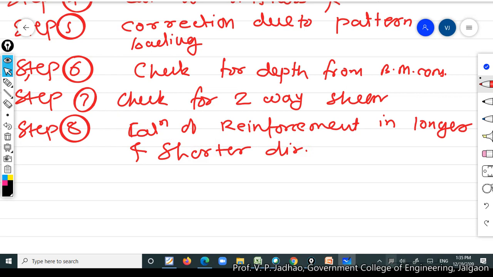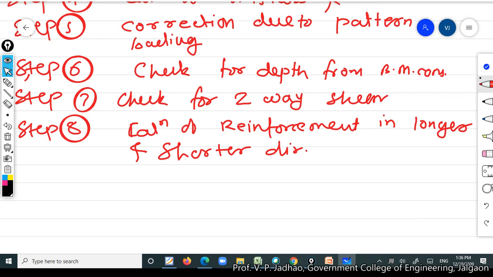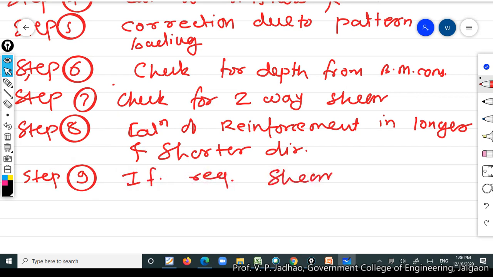And then step number 9, if applicable, if required, shear reinforcement will be designed. So this is how we'll be designing the flat slab.